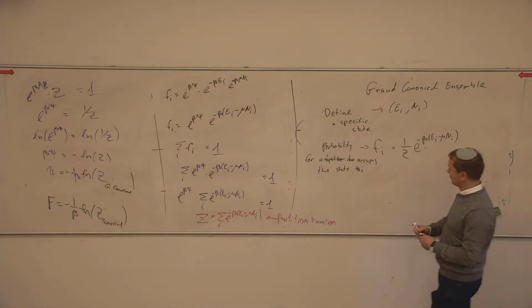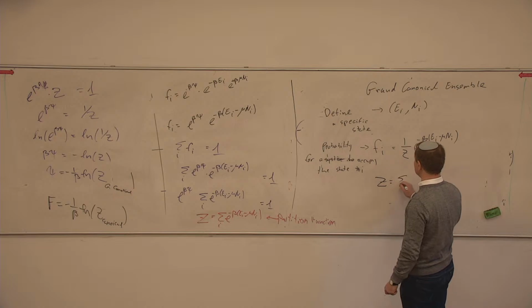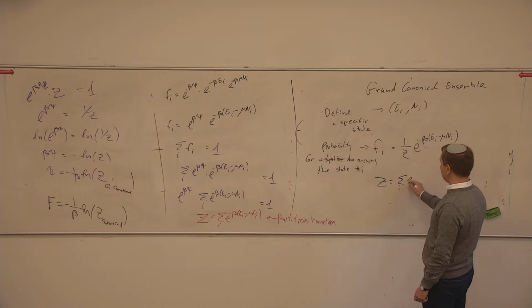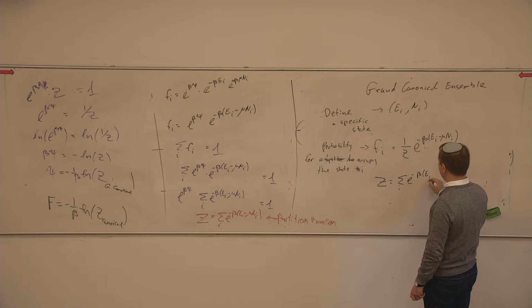What is Z? Z is just a summation over i of e to the power minus beta (Ei minus mu Ni).